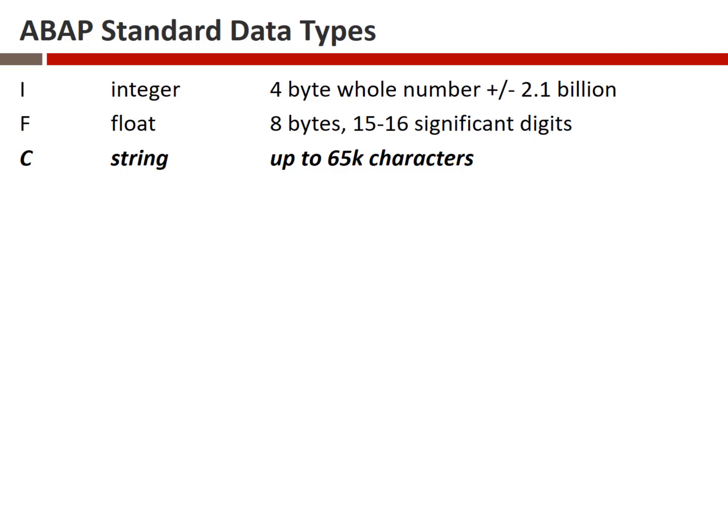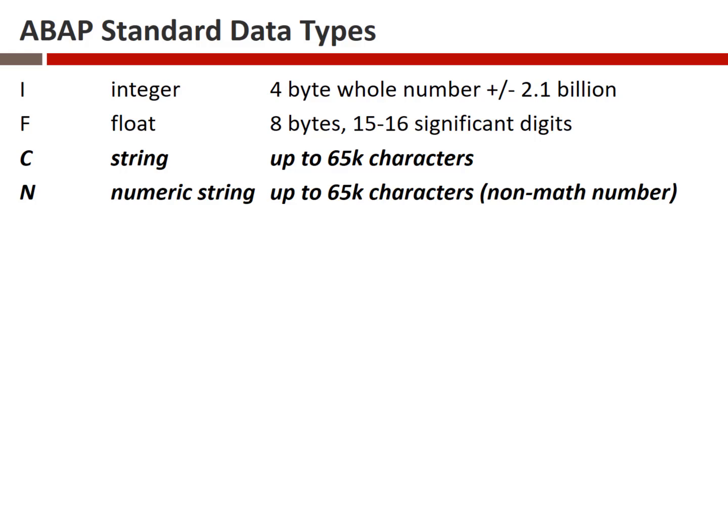So the point here is when we create a data object of type C, we not only need to use that type name, we're also going to have to tell what size C we want to be able to store in this data object. And I'll show you how to do that in just a moment.